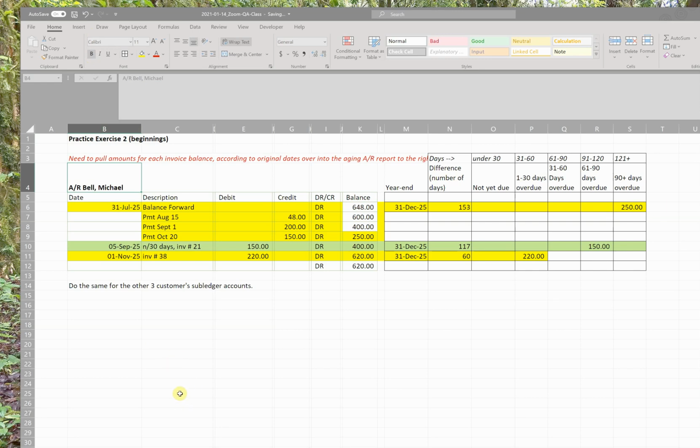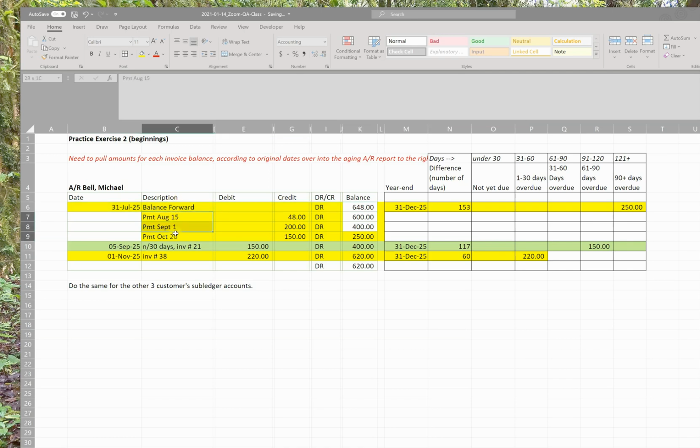So instead of having one balance, say $620 owing at one point in time, we actually have to look at the different invoices. So we don't know when this $648 was originally invoiced according to this customer report, but we have a July 31st 2025 date for the balance forward.